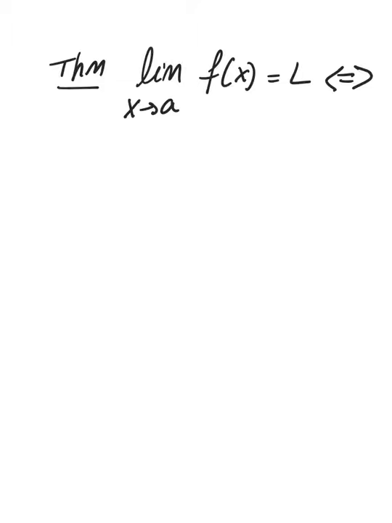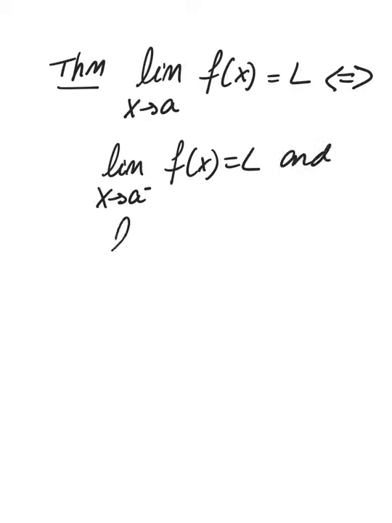So if and only if, that's that equal sign with the 2 arrows around it, the limit as x approaches a from the left is that number, and the limit as x approaches a from the right is that number.